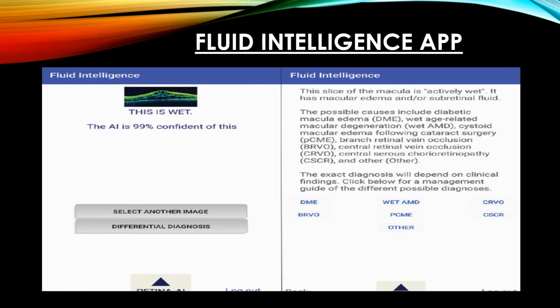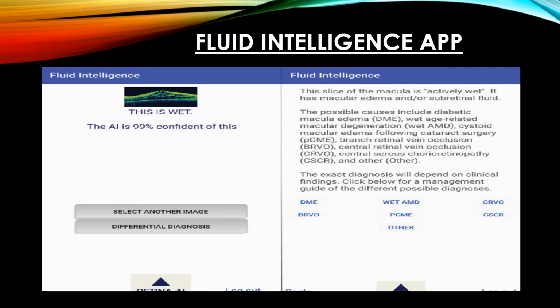Similarly, we have something called the Fluid Intelligence app. It helps us to know whether there is presence of any macular edema. It is going to classify the macula as actively wet, like the AI algorithm is 99% confident of the macula being wet. But the exact diagnosis here will not be given.